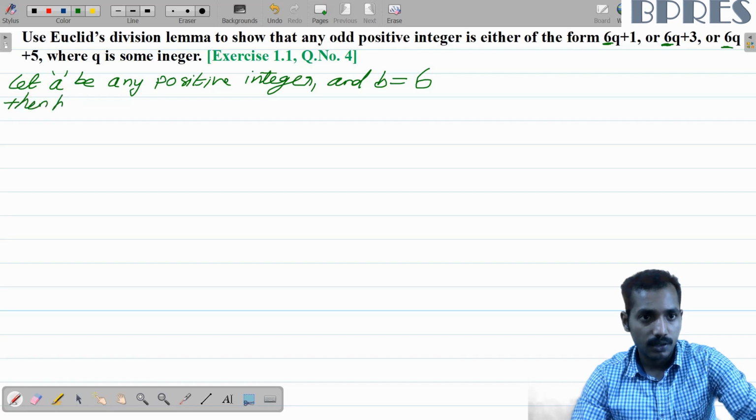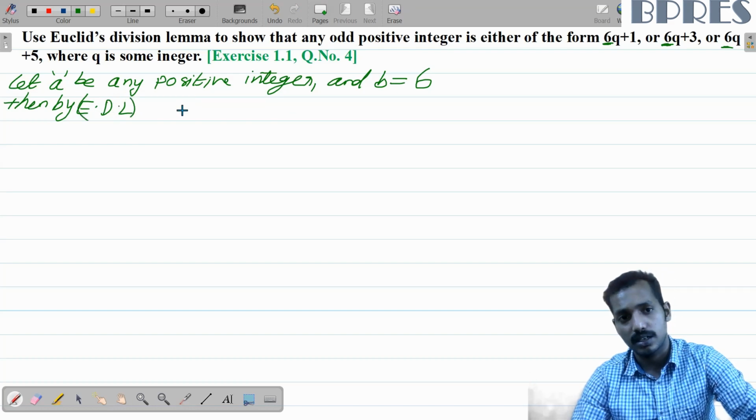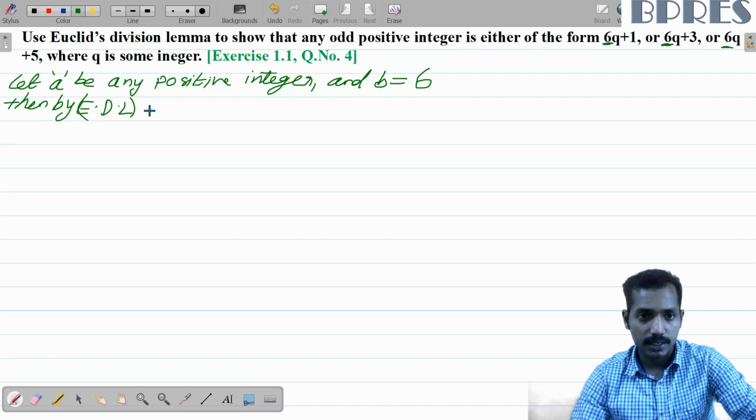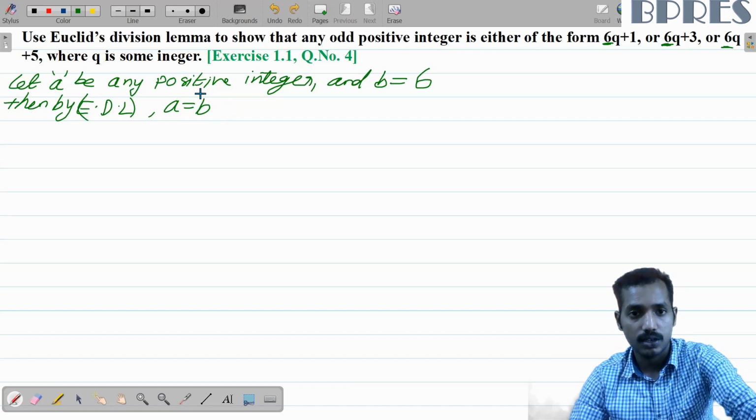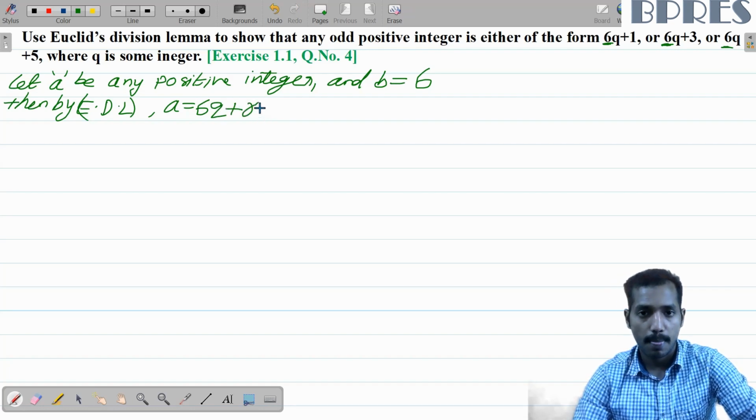Then by Euclid division lemma, we will get a is equal to bq plus r, that is a is equal to 6q plus r, because here b is 6.